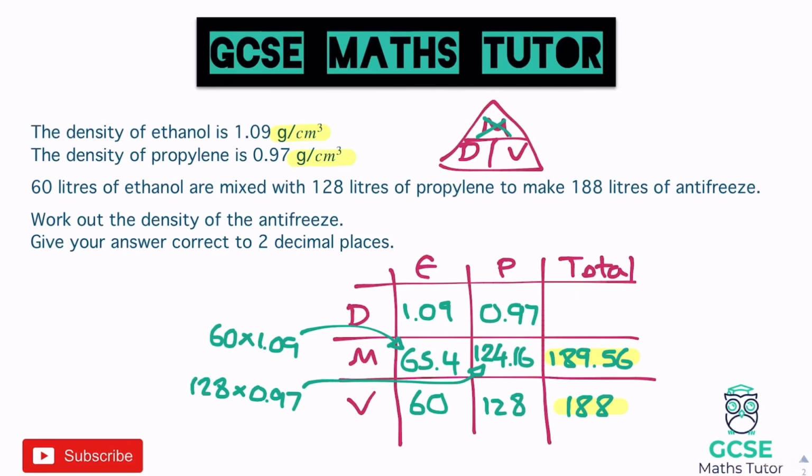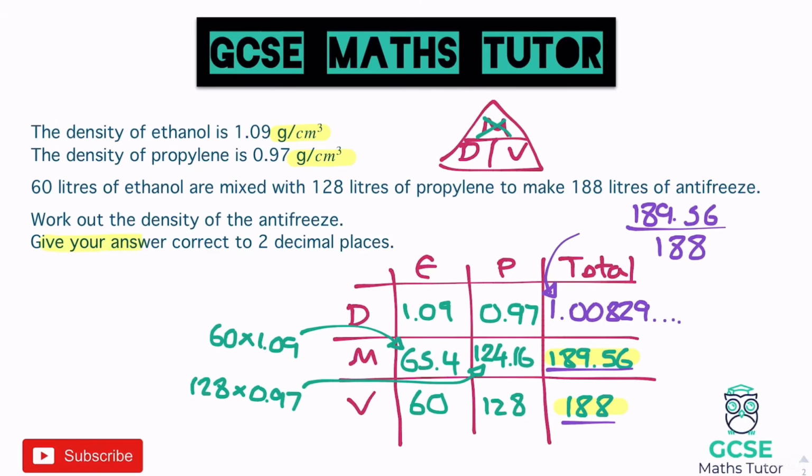So the final step for this question, now we have the total mass, now we have the total volume, it's just to do our mass over volume. So our mass is 189.56, our volume is 188, and if we divide that by 188 on the calculator, we get the answer 1.00829, and a few more decimals, but this question does say this time to round it.